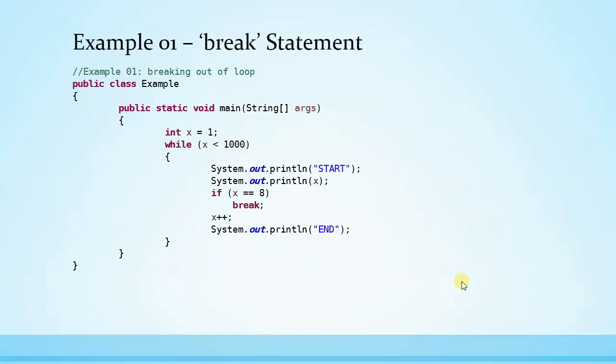This means when the value in x reaches 8, come out of the loop. I will read it once again: if x equal to 8, break. That means when x contains a value of 8, we will come out of the loop. The iteration won't continue after that.